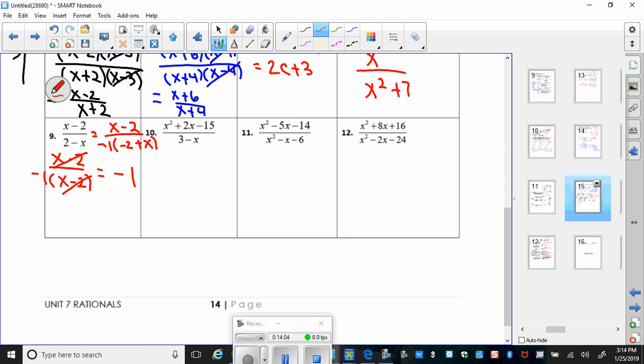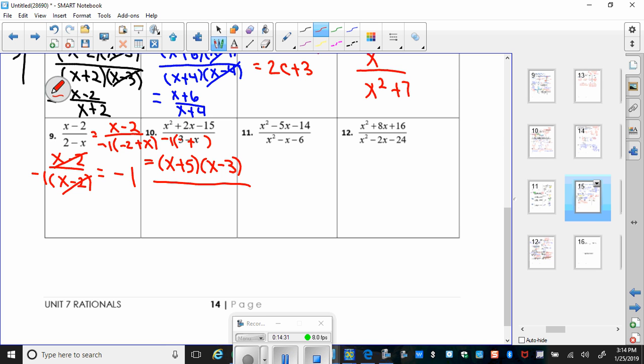On the bottom here, number 10, I'm going to have to take a negative out, so this becomes -1, negative, positive, -3 plus x. Okay? Now I'm going to switch that around when I get the factors here. So I'm looking for two numbers that multiply to -15, add up to 2, so that's x plus 5 times x minus 3.